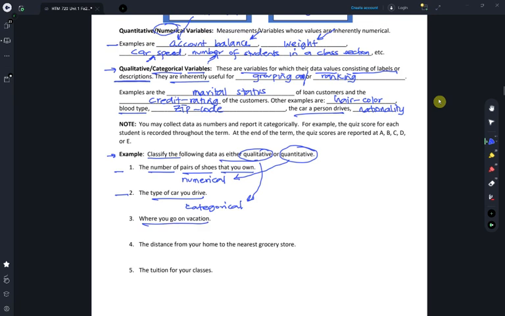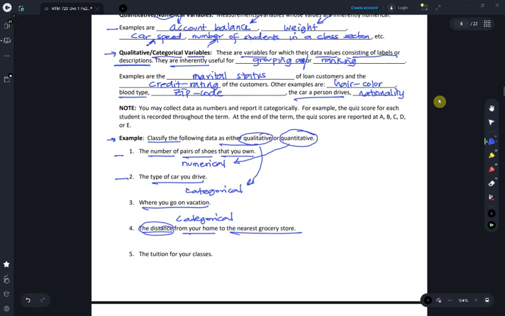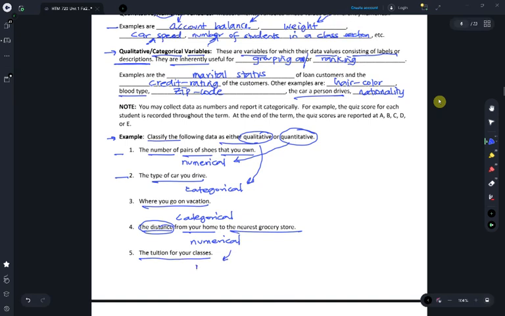And where you go on vacation, what do you think? Categorical, I agree with you. Then the distance from your home to the nearest grocery store, that requires some numerical computation, and so it will be recorded numerically. So this is definitely numerical. I would say that the tuition for your classes will also be recorded as a numerical set of values.